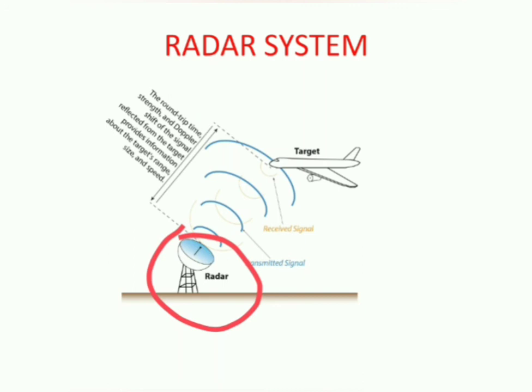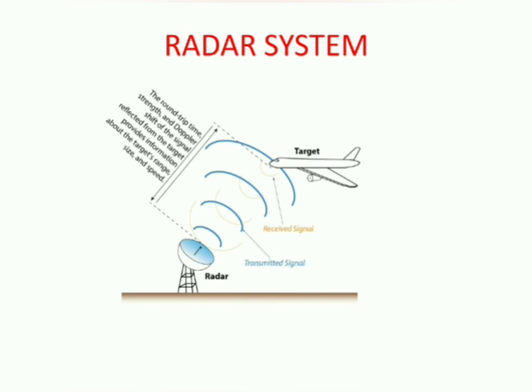Say an aeroplane is moving close to the Earth or it is moving in a certain direction. Then they send one signal which is called a transmitting signal. And this transmitting signal will go and hit the object and reflect the waves back. The reflected signal is again detected by the radar.